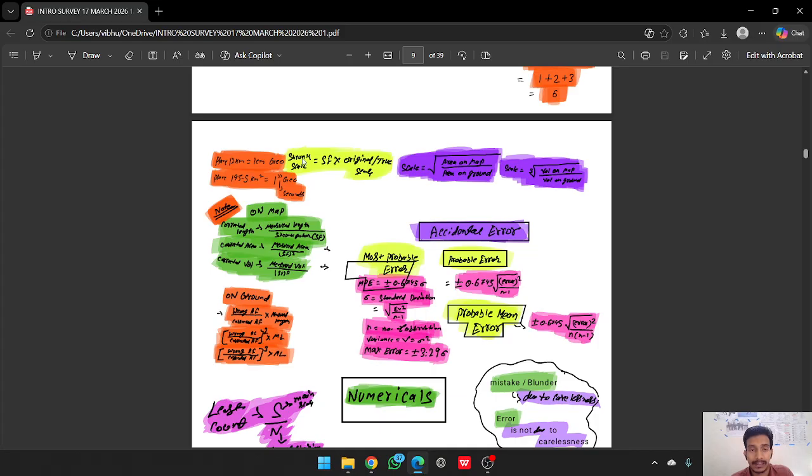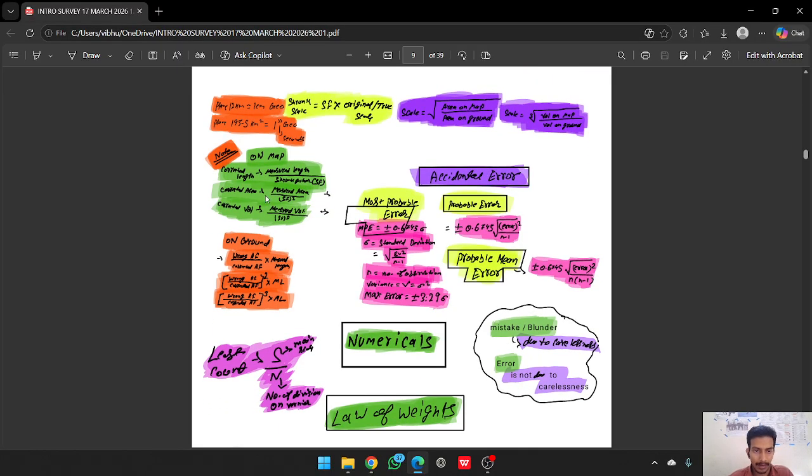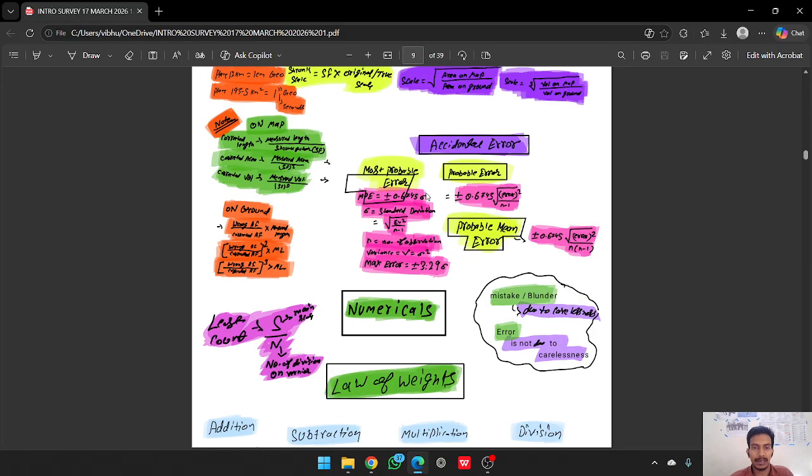Then there is the shrunk scale. Right now we have discussed the shrunk scale. Shrunk scale is equal to the shrinkage factor multiplied by the original or true scale. There is scale of area and scale of volume, on map and on ground. Accidental error is also known as CAR. CAR means compensative error, where A means accidental and R means random error.